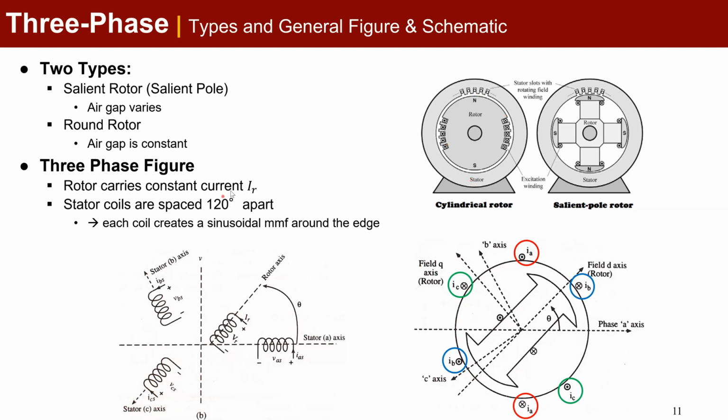So with the three-phase figure, as we know, the rotor carries that constant current IR because it's DC, and the stator coils are spaced 120 degrees apart. So these stator coils right here are spaced at 120 degrees apart, and each coil creates a sinusoidal magnetomotive force around the edge.